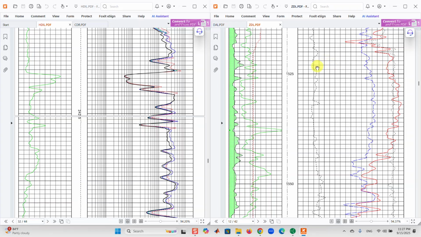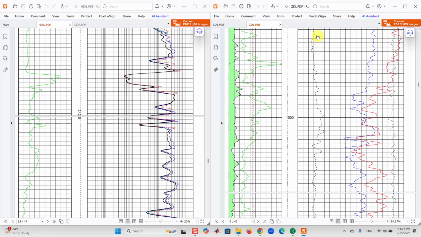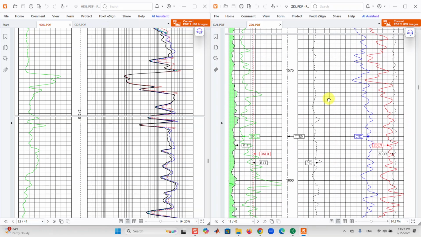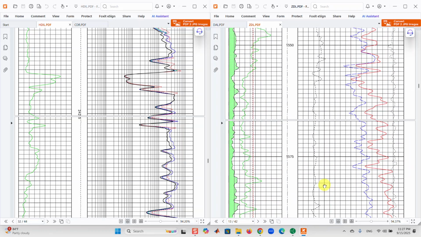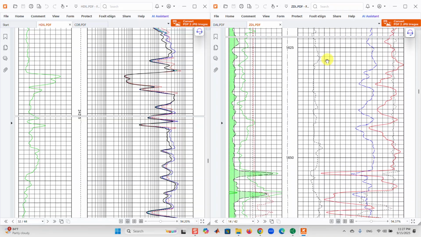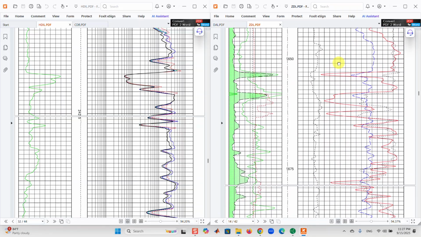So PEF should be more than 3, between 3 and 4. So the PEF reading is not acceptable and the curve should be normalized. PEF values are less than expected values in these dolomite-composed reservoir layers.